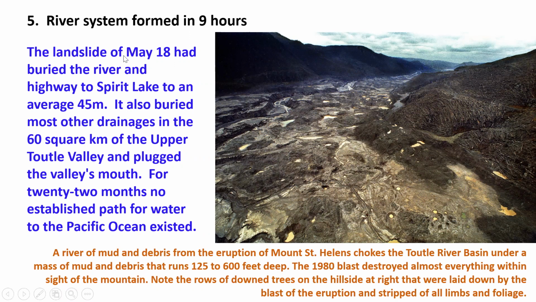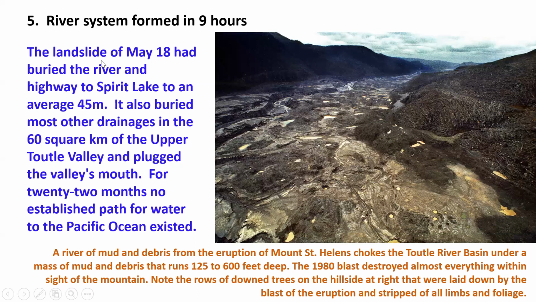So imagine the landslide of May 18 buried the river and the highway to Spirit Lake to an average 45 meters. So not surprising if you look at your news, Australia and those countries where they have really massive floods, you cannot see the roads anymore. You cannot see the rivers, you cannot see the highways. You probably cannot see some of the cars. In fact, most of the cars, if the flood already reached almost the roof of the house.